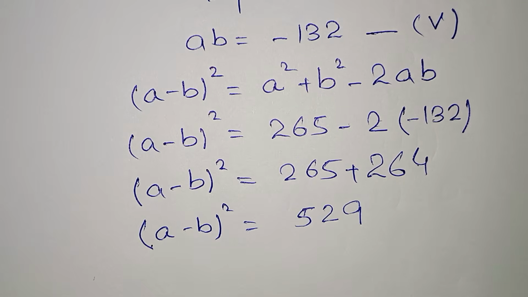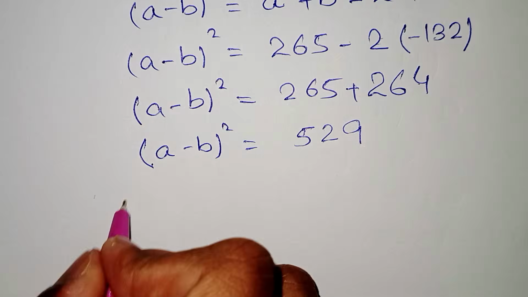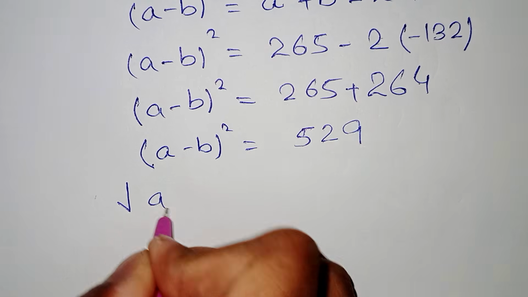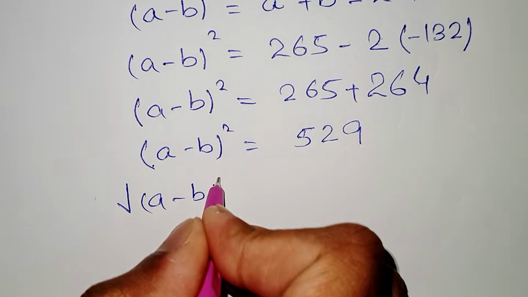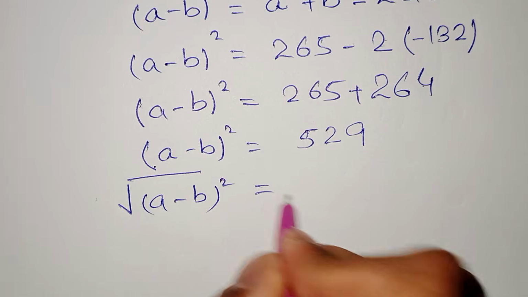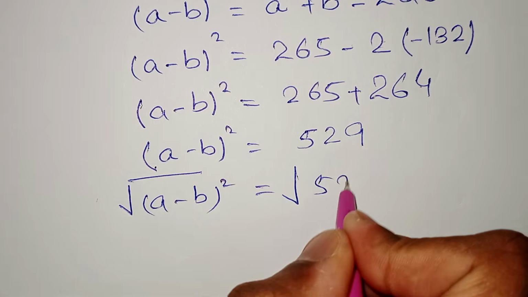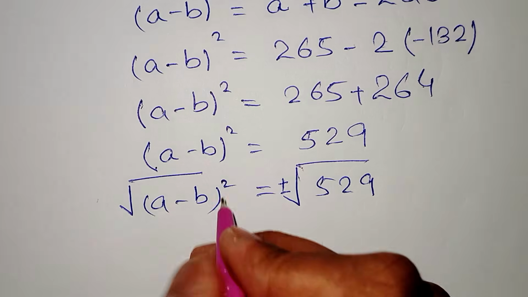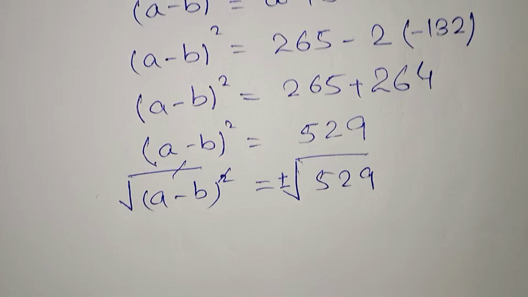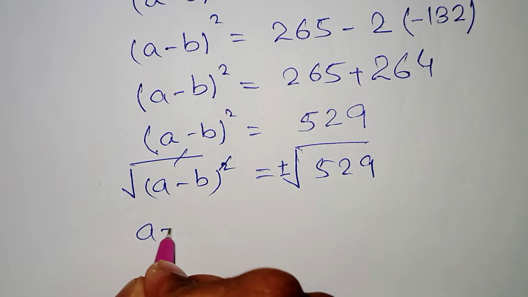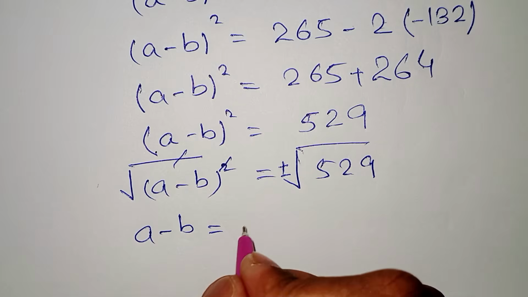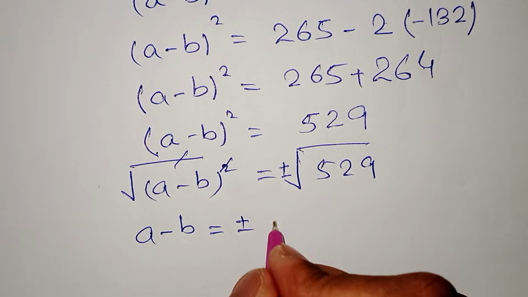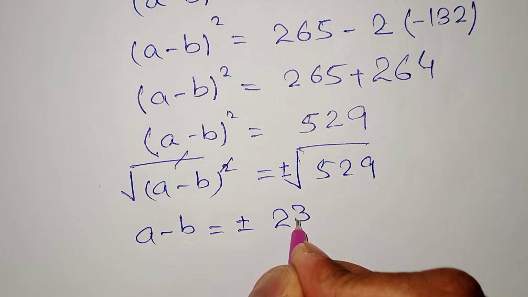Now we will take the square root on both sides of the equation. The square cancels with the square root: a − b = ± square root of 529, which is 23.